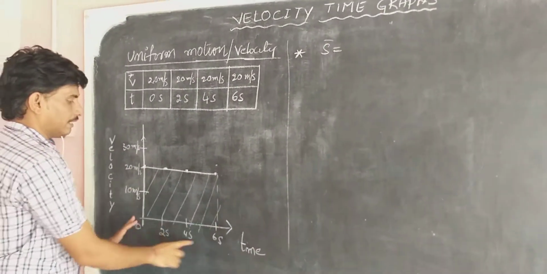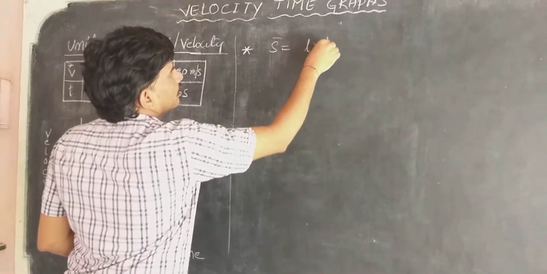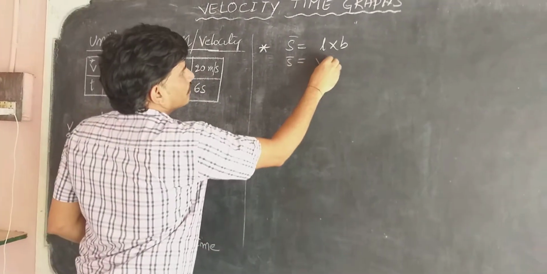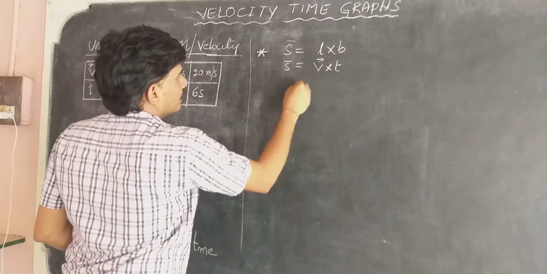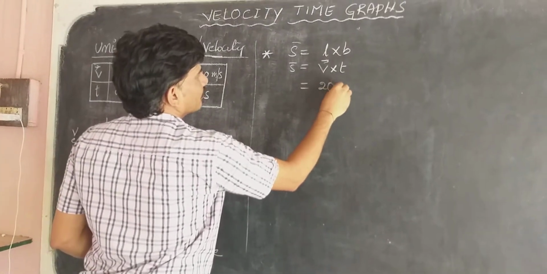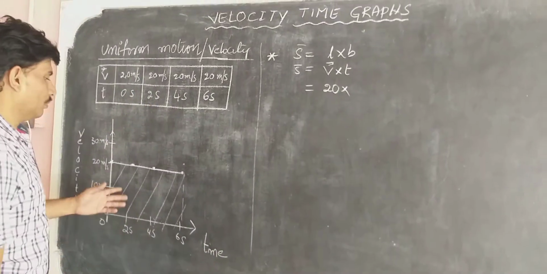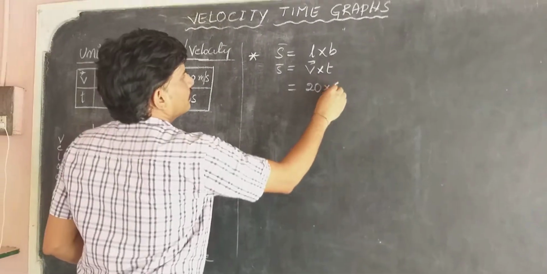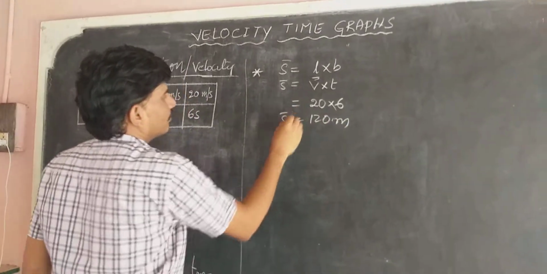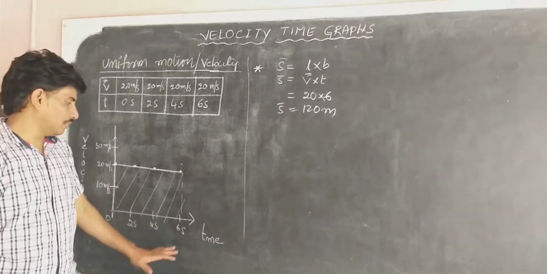Rectangle. Then rectangle formula obviously L into B. That means displacement in this condition is equal to velocity into time. That is 20 into time, L into B. That is 20 into 6, 120 meters. Like this you can find the displacement of the object during the motion.